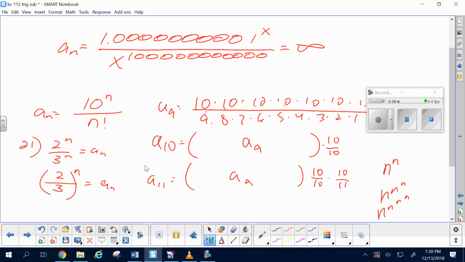As you take 2/3 to more and more powers, 2/3 of 2/3 of 2/3, what happens to the quantity? It goes to 0. The limit of the terms is 0, so we conclude convergence. Okay?